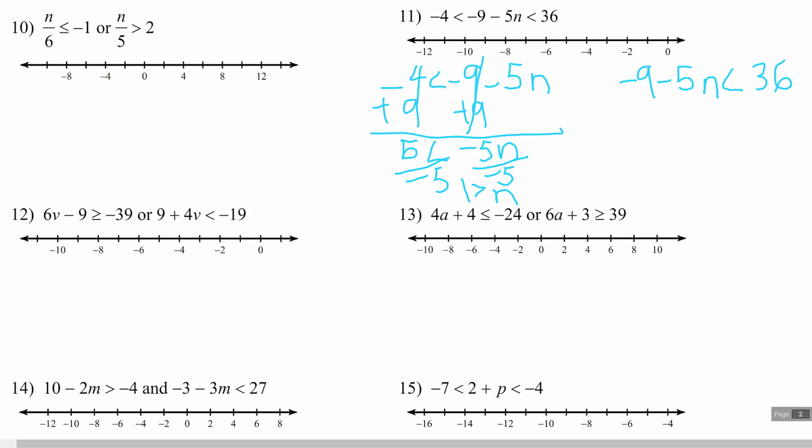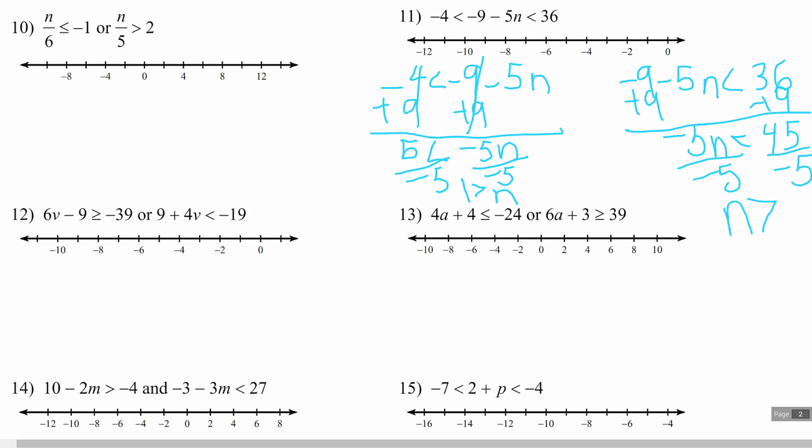On this side, we're going to do the same step, so I'm going to first add 9 to both sides of the inequality. -5n is less than 45. Now we divide both sides by -5. We have n, don't forget to reverse the inequality sign, is greater than -9.